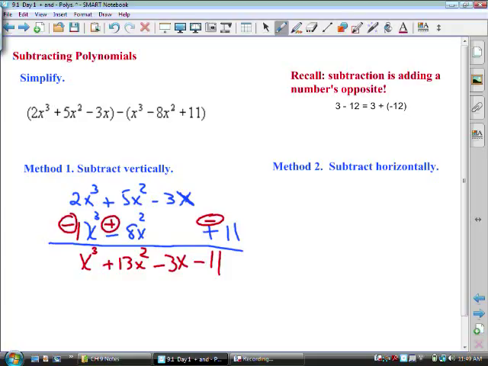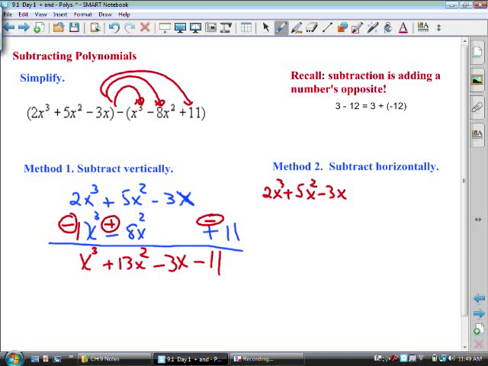That's the vertical method. You change the signs of everything you're subtracting, or if you want to do it horizontally, let me rewrite it. It's like distributing a negative. 2x to the third plus 5x to the second minus 3x. Now, watch. I distribute the negative over everything.